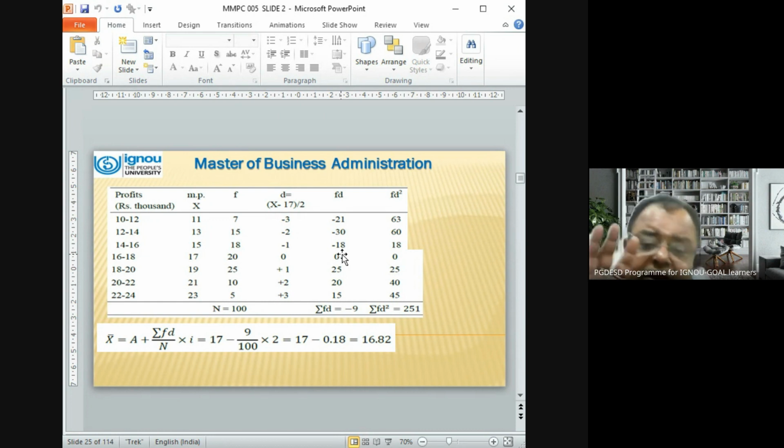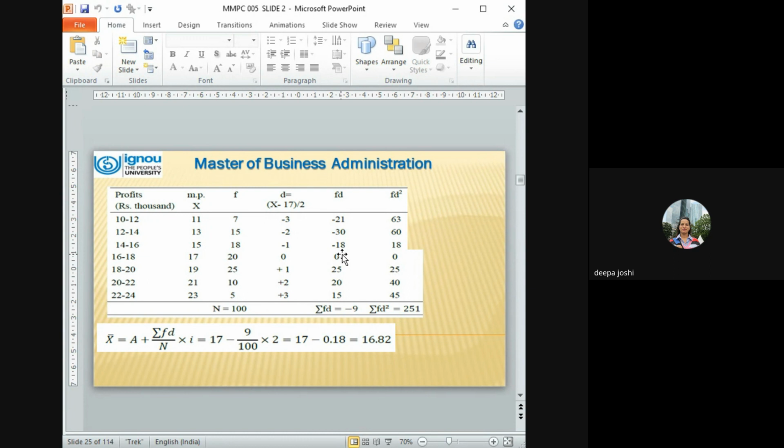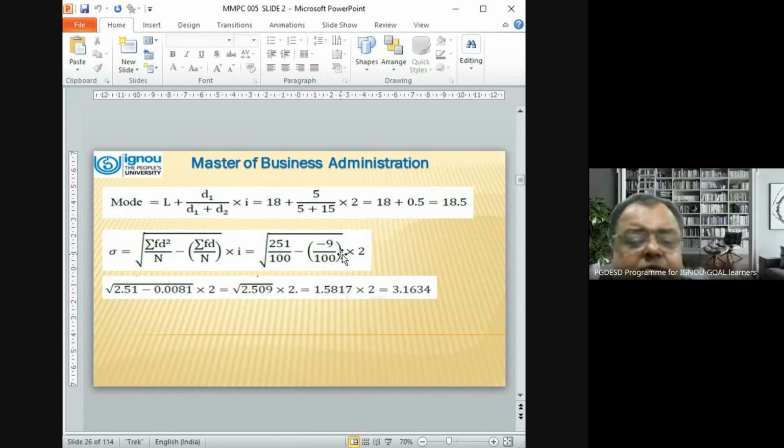Is this understood to you? Yes, sir. Now comes mode. And this standard deviation, square root of summation FD square upon N minus summation FD by N, square, into I. After calculating, you see 2, the difference between the upper limit and the lower limit of the class interval, is outside the under root.